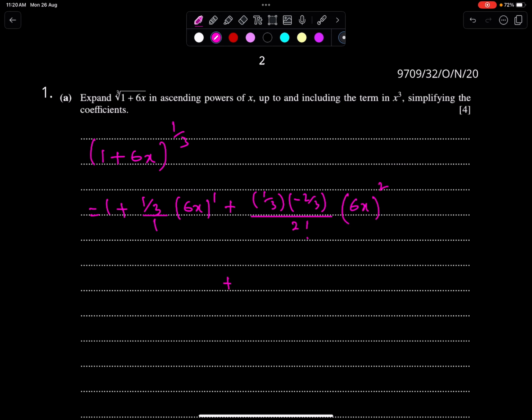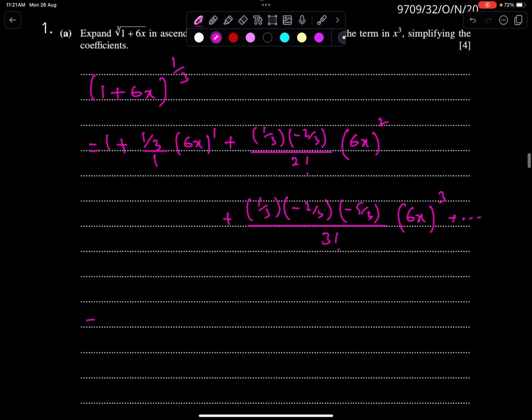Then n minus 1 is minus 2 upon 3, n minus 2, 1 upon 3 minus 2, it's minus 5 upon 3. So minus 5 upon 3 over 3 factorial, 6x power 3. That's it.